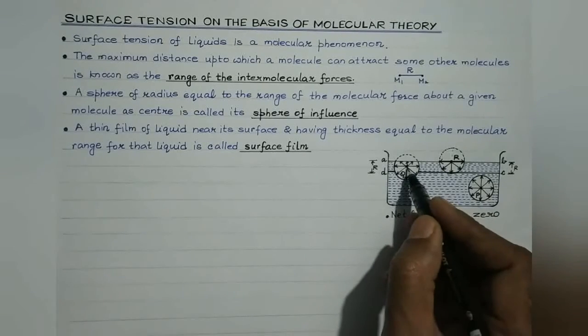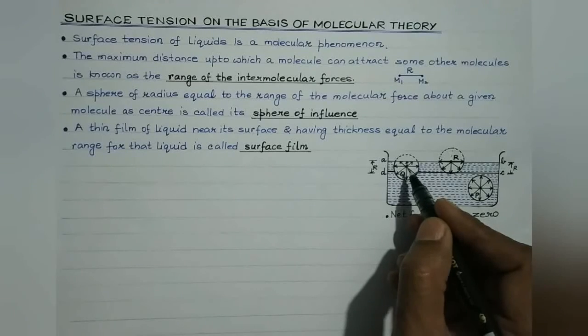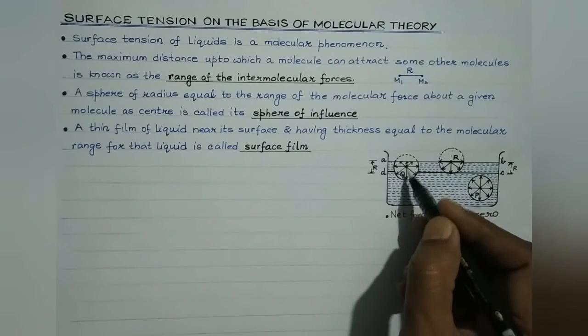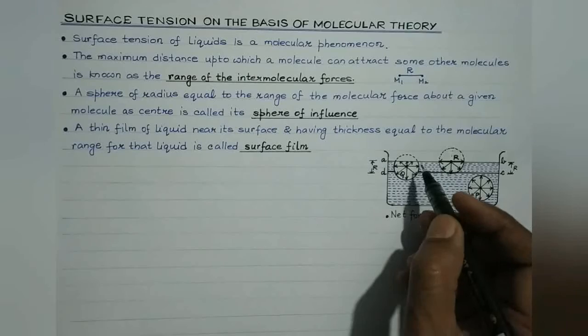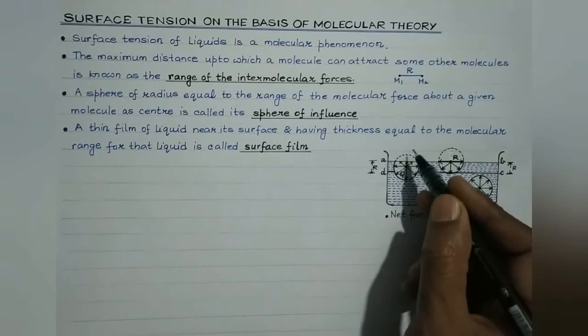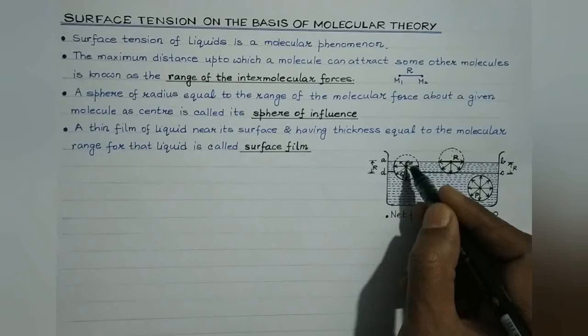Now consider molecule Q. In the case of molecule Q, more than half of its sphere of influence is below the liquid surface. Therefore, there are more molecules attracting it in the downward direction than in the upward direction. Now, this downward force is greater than this upward force.